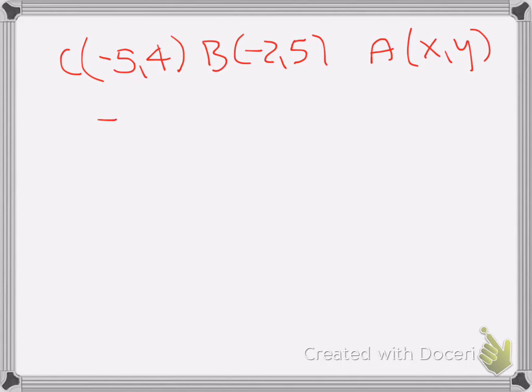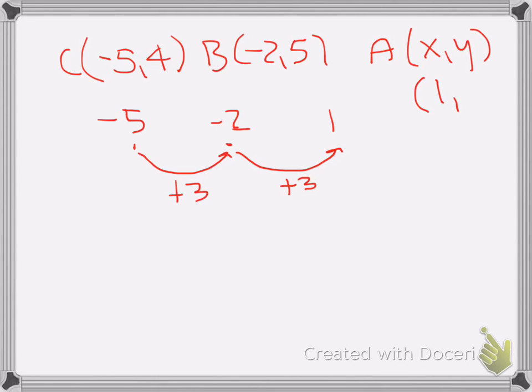So if we think about this from this standpoint, -5, the midpoint's at -2. Well, how much of a change is that? It went up 3. That means to get to the other endpoint, we have to do the exact same thing. So if we go 3 up from -2, we get 1. And if you remember from our last slide, the x-coordinate of the other endpoint was 1.